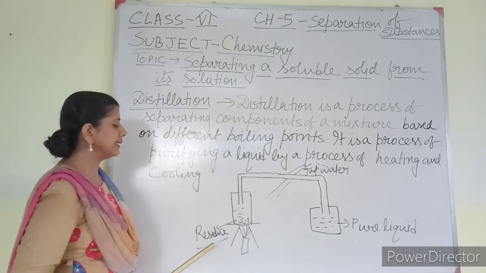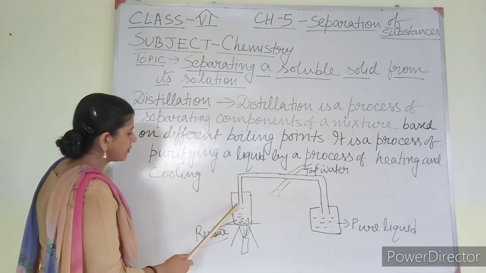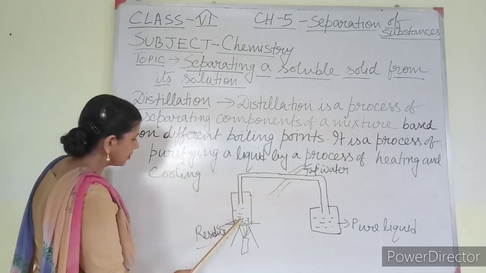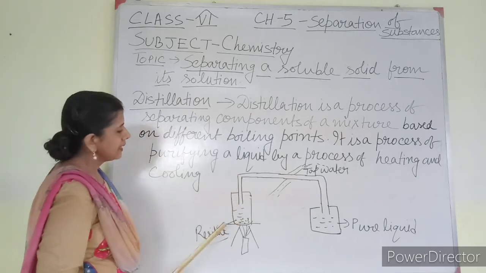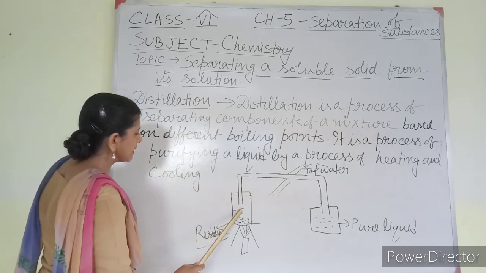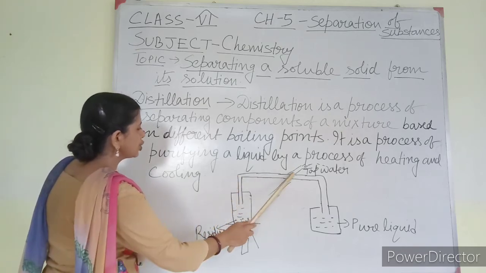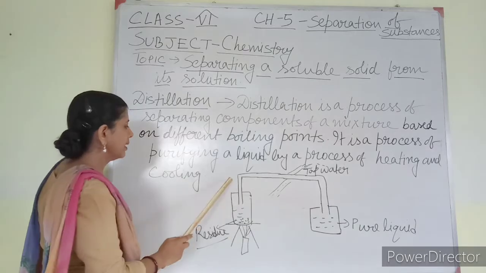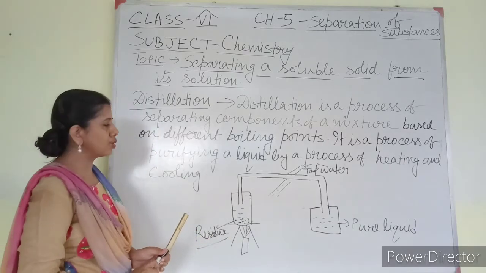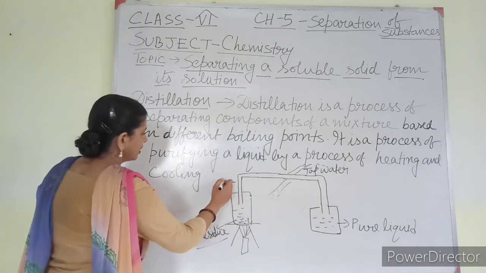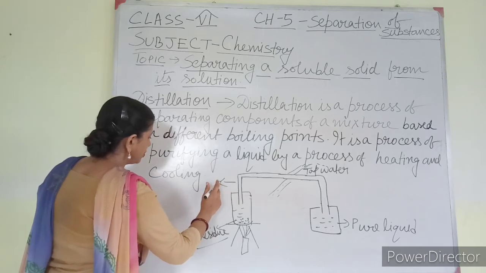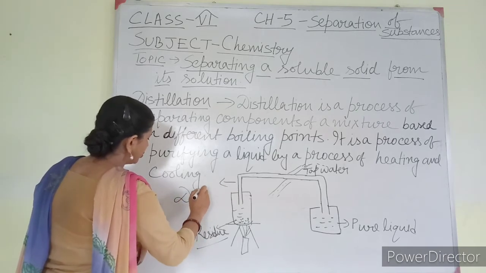Then I have started heating it. After heating, the vapor is going to form, and this container is connected with a glass tube to another container. The name of this glass tube is delivery tube.